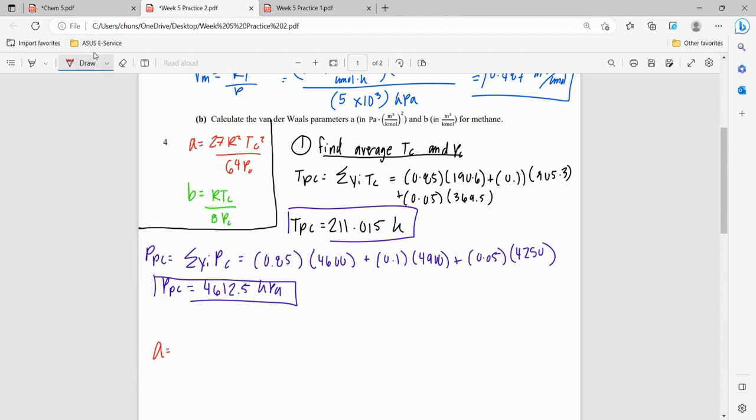So A is equal to 27 times 8.314, sorry, this is kilomoles, Kelvin, squared, oh, this is squared too, over 64 times 4612.5.